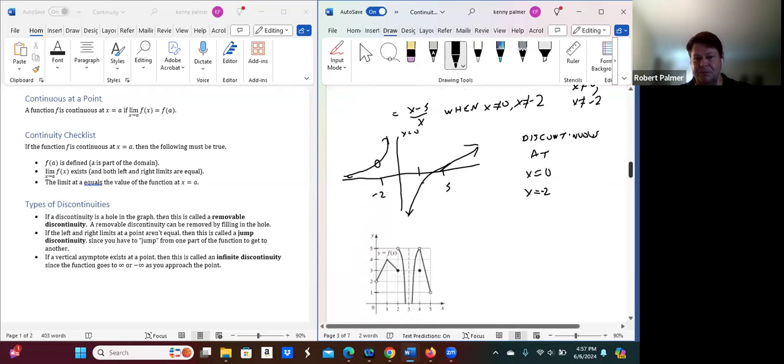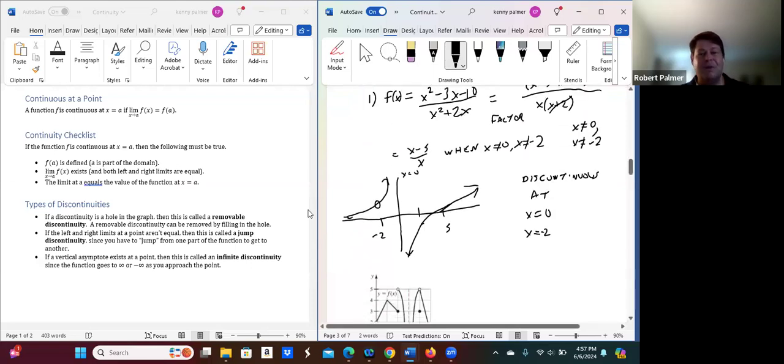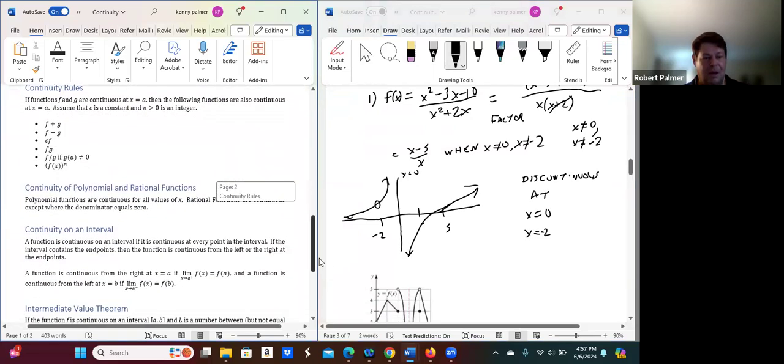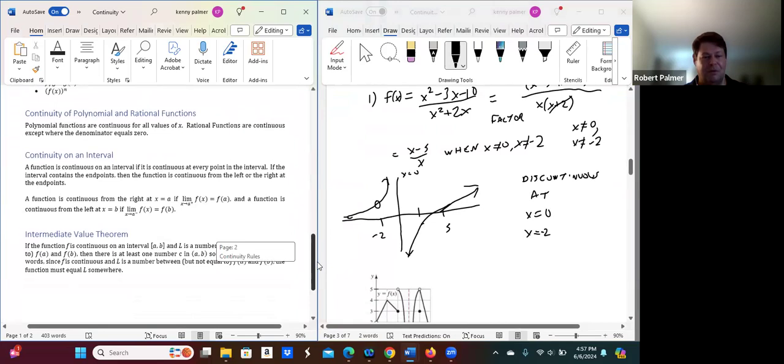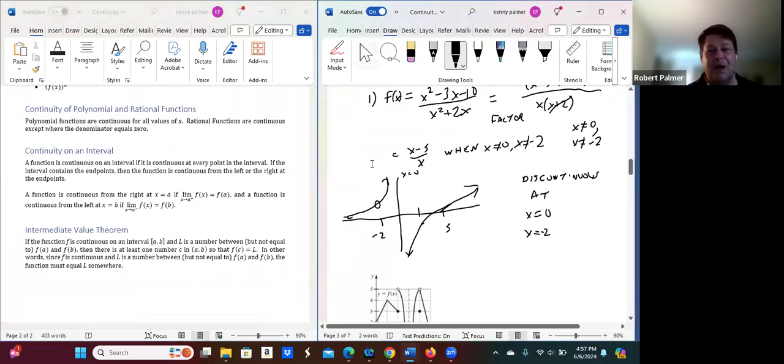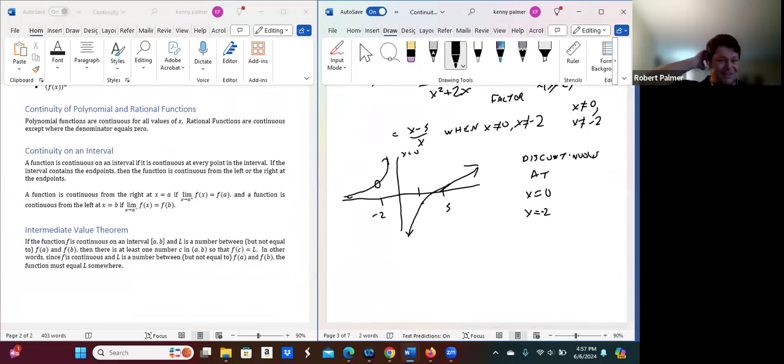Okay, now the next concept we're going to talk about is continuity on an interval. An interval of a function is basically some part of a function. Most times in real life, we work with functions, especially polynomial functions, and often you're not looking at the entire thing everywhere.